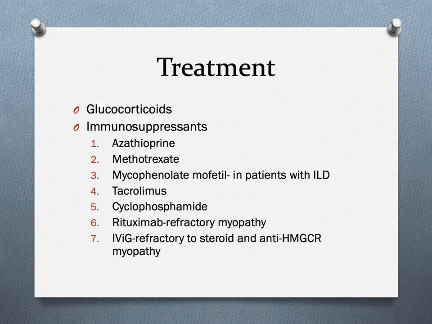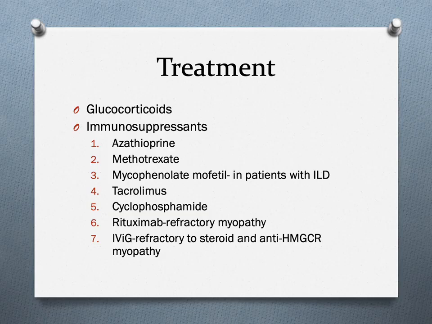So for the treatment, we use high-dose glucocorticoids, either oral or IV, and IV methylprednisolone is used in those patients who present with severe muscle weakness and those with comorbidities. Second-line therapies are used in those patients whom we cannot taper steroids or those who are non-responsive to steroids.